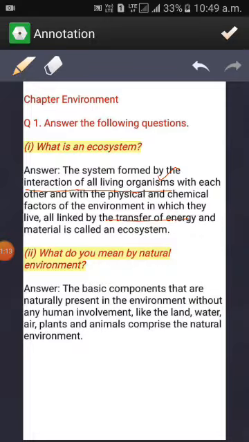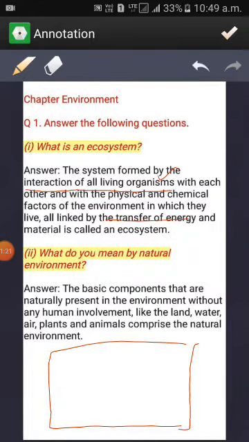Living organisms interact with each other. The living organisms that exist in the environment interact with each other and with the abiotic components of the environment. That means one living organism depends upon other living organisms, and at the same time it also depends upon the abiotic factors prevalent in the environment.